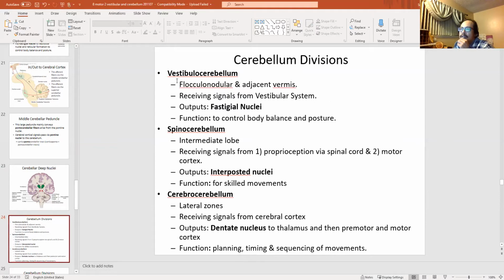Each one has its own output, its own location or region, its own input, and its own function. So basically everything is summarized in this slide. We have the vestibular cerebellum.